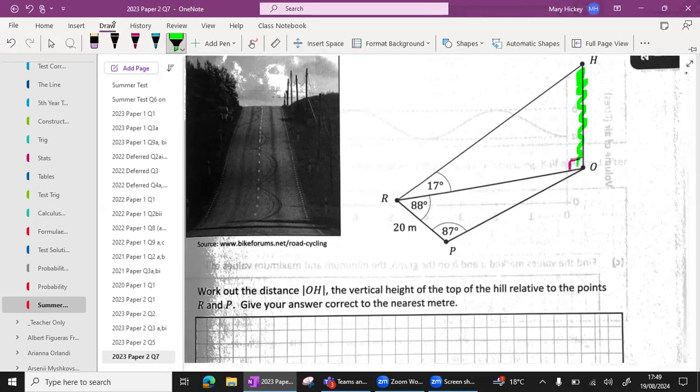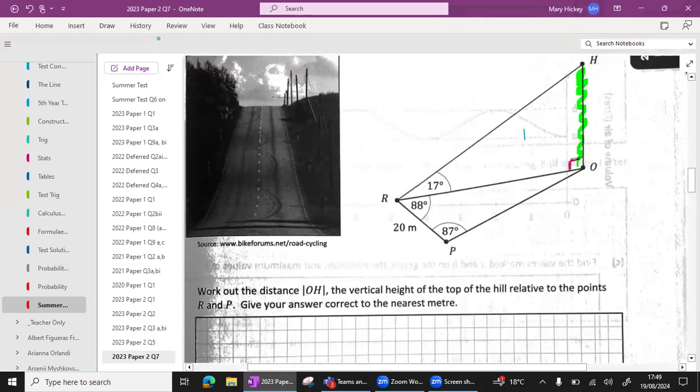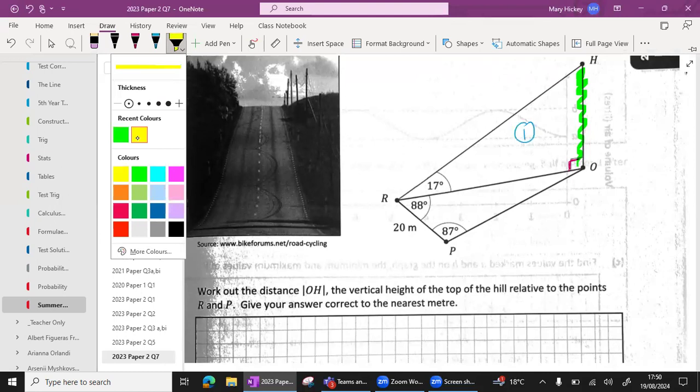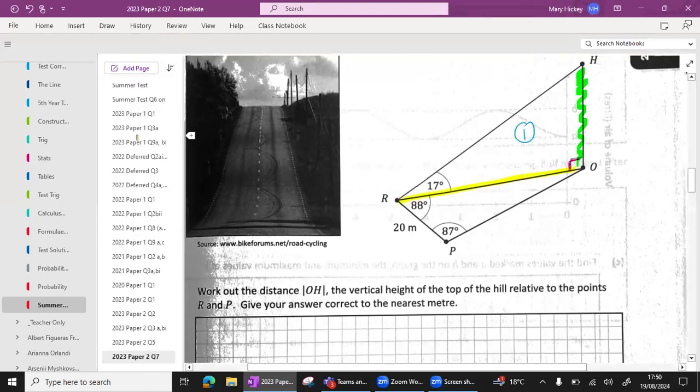In order to get OH, I'm hoping I can use what we'll call triangle 1. Because it's a right angle triangle, I can use my trigonometric ratios, SOHCAHTOA. But before I can do that, I need to find the yellow line.